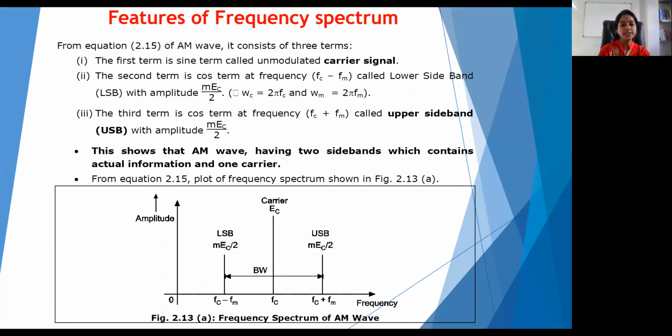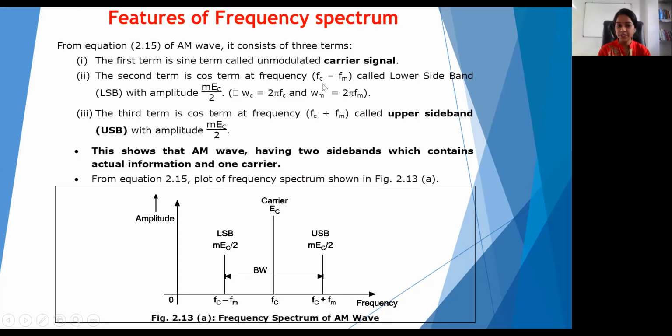So from this equation, the first term is the sine term called the unmodulated carrier signal. The first sine term we saw in the formula is the unmodulated carrier signal. The second term is the cos term with frequency fc minus fm.